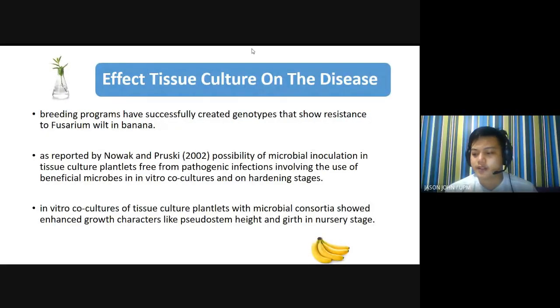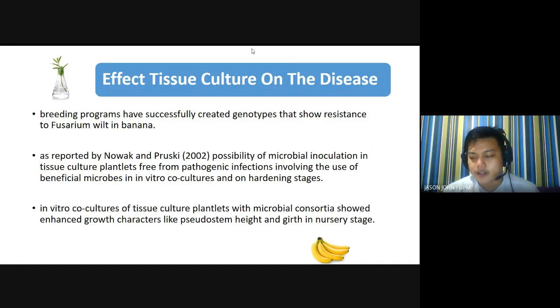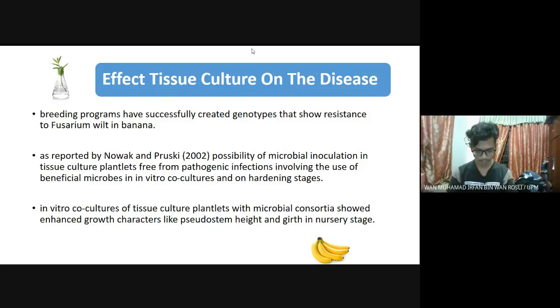Since the resistant method in tissue culture is the most effective method, the effect shows that breeding programs have successfully created genotypes that show resistance to Fusarium wilt in banana, as reported by Nowak and Kursky 2000. 2.